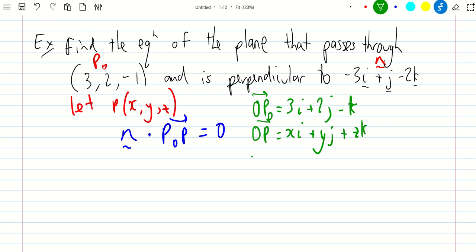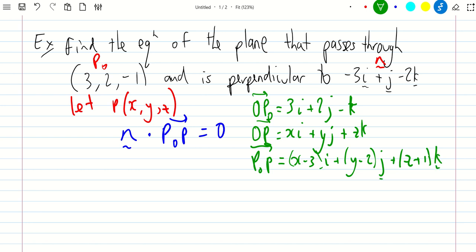So what is P naught P? Remember, that'll be P take away P naught. So it's going to be x minus 3 i plus y minus 2 j plus z plus 1 k. So that's my P naught P.